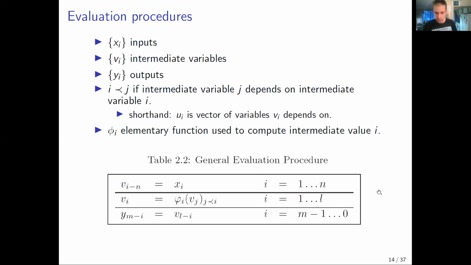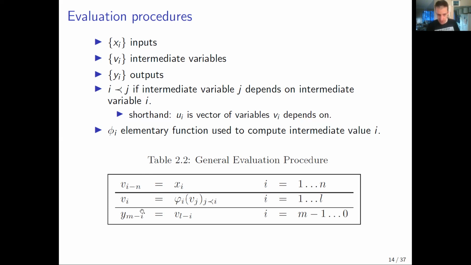Okay, so then in this table 2.2, they have a very high-level abstract view of what an evaluation procedure looks like. There are three stages. In the first stage, you take your independent variables, your inputs x_i, and then you initialize the first intermediate variables.